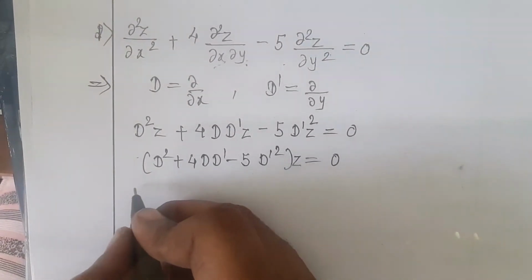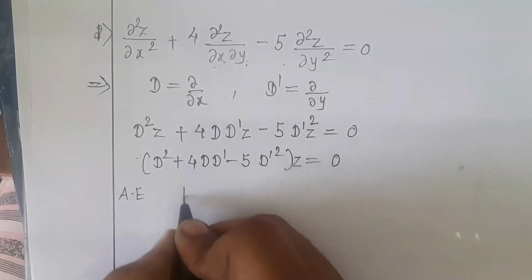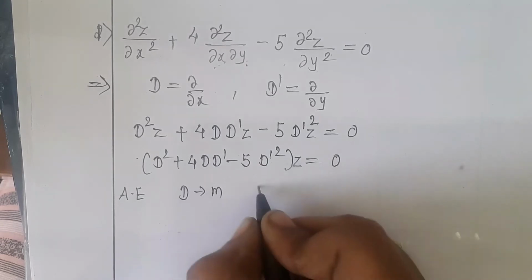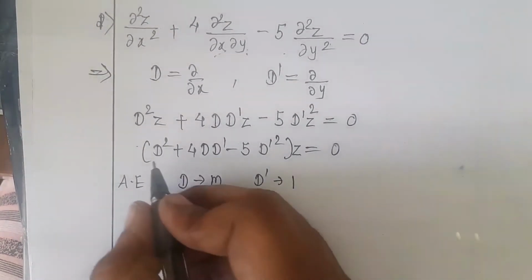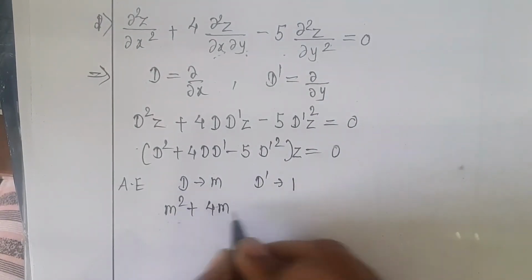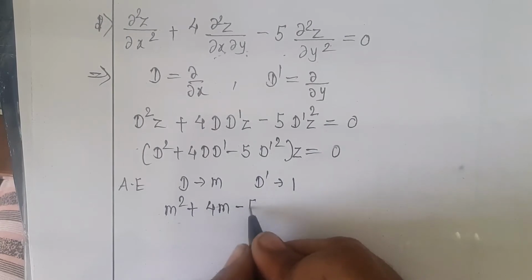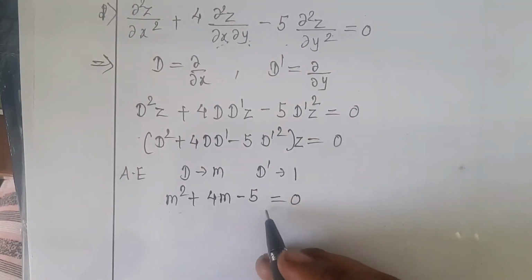Now convert this into the form of the auxiliary equation. The auxiliary equation means replace d by m and d dash by 1 and equate to 0. So m square plus 4m multiplied by 1 minus 5 into 1 square, which is 1, is equal to 0. Now this is a simple quadratic equation.